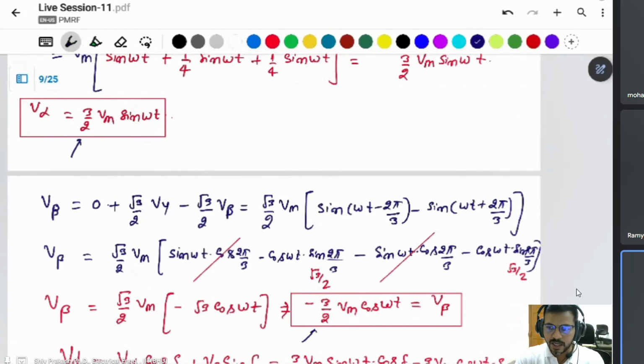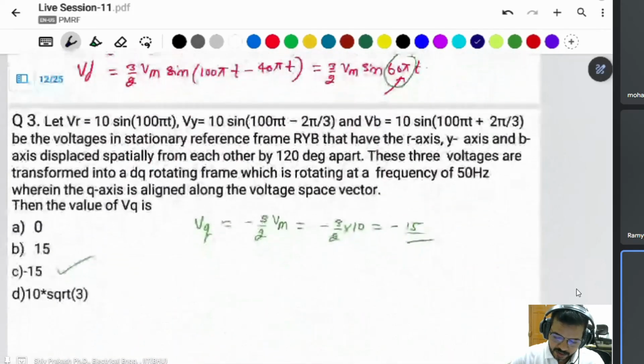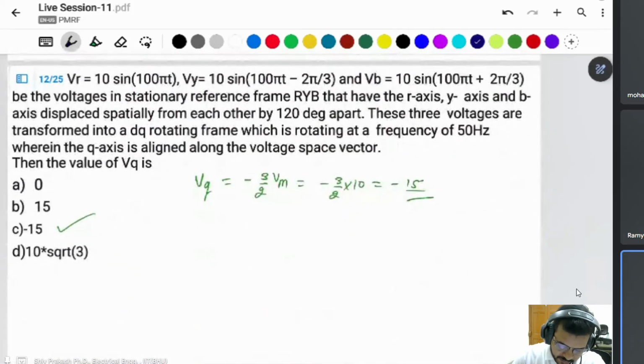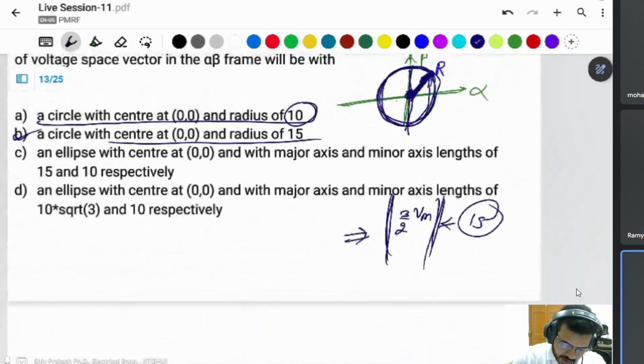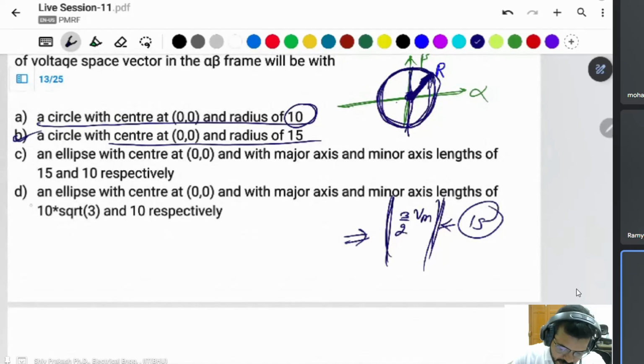That's why it is not an ellipse. If the magnitudes of V alpha and V beta were different, then making an ellipse would be possible. But in this question both have the same magnitude, only the sign or direction is changed. That's why it makes a circle.